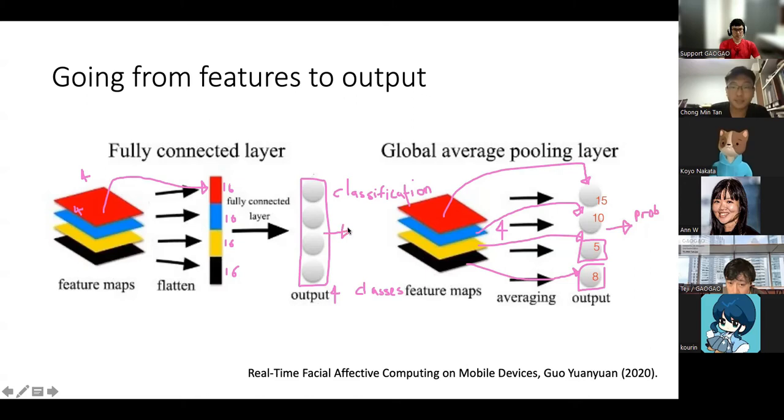Anyone? There's a method to convert some initial numbers to probabilities. I see everyone's quite quiet.